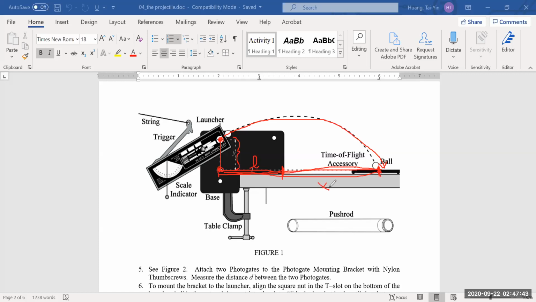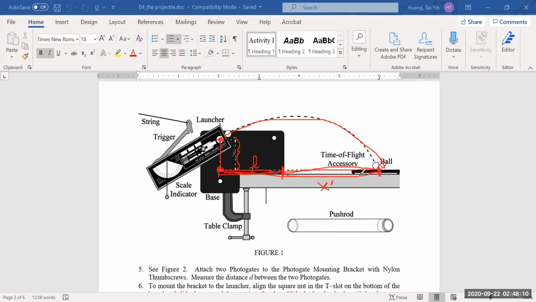You're going to launch the projectile 5 times at each angle, and for those 5 data points for each angle, you're going to take the average. The final result of this X prime is the average of the 5 data points.